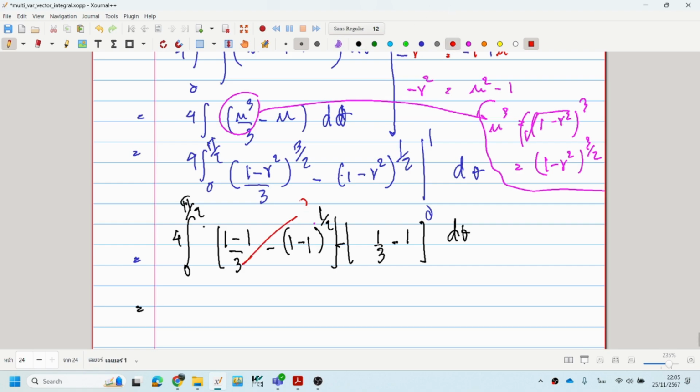Okay, that one term becomes 0, and minus 0.